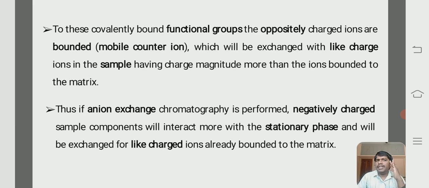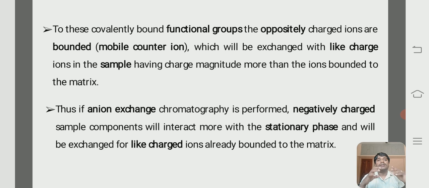To these covalently bound functional groups, oppositely charged ions are bound. These are called mobile counter ions. These ions will be exchanged with like charge ions in the sample, having charge magnitude more than that of the ions bound to the matrix.